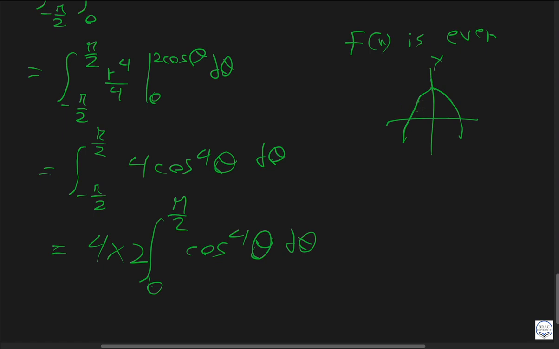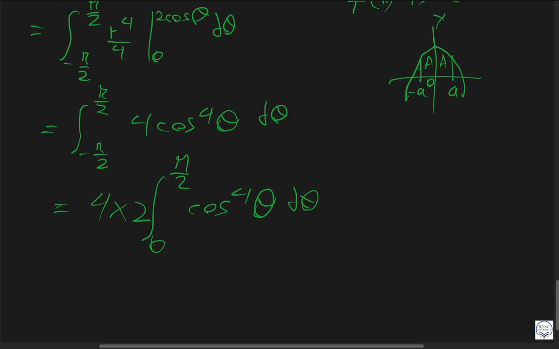For any interval from minus a to plus a, we have the same area on both sides, so the total area is double what is from 0 to a. Since we have minus pi by 2 and plus pi by 2 as limits, we can take it to 0 to pi by 2 after putting 2 here.